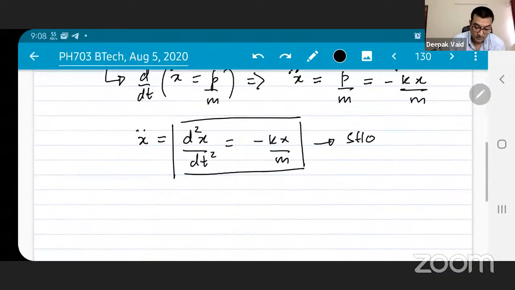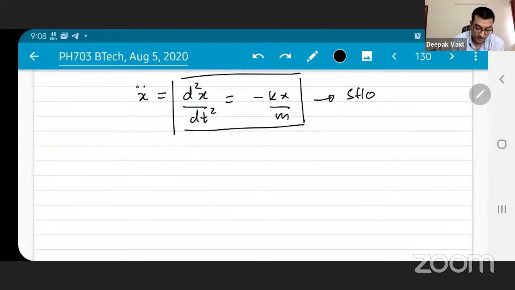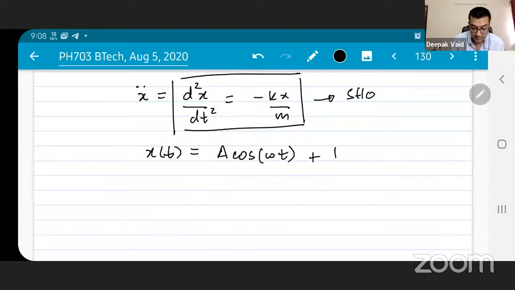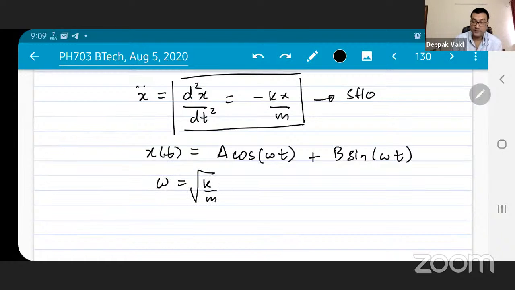So this is where you get the harmonic oscillator from. If you write down solutions of this equation, what do you get? You get x of t is equal to a cosine omega t plus b sine omega t, where omega is equal to root k by m.